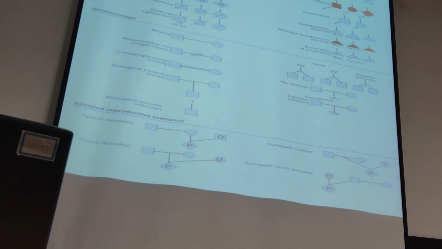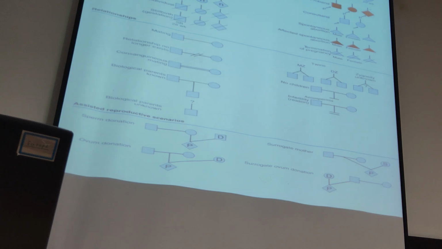If we are talking about two or more conditions, we divide these symbols into two, three, or four parts, each part for one condition. For example, if we are taking the family history for blindness and deafness in a family, we divide the symbol for each individual into two parts. The left side is for blindness and the right side is for deafness.